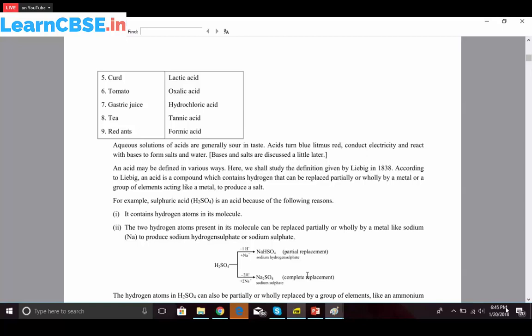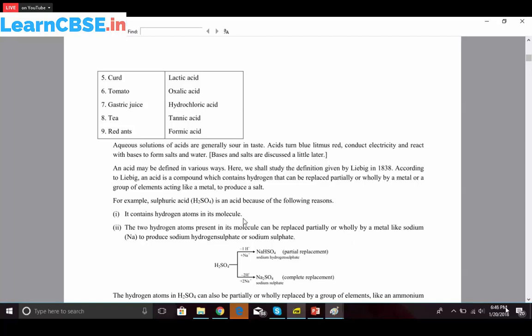Some acids give complete H plus ions, some give only partially, and it also varies depending upon the reactions.